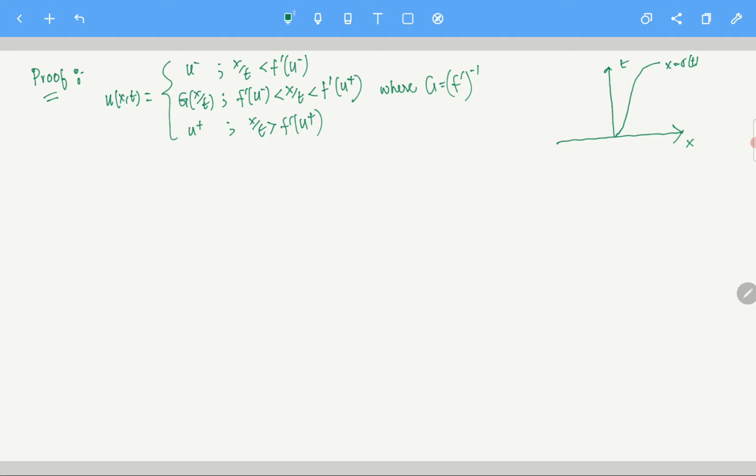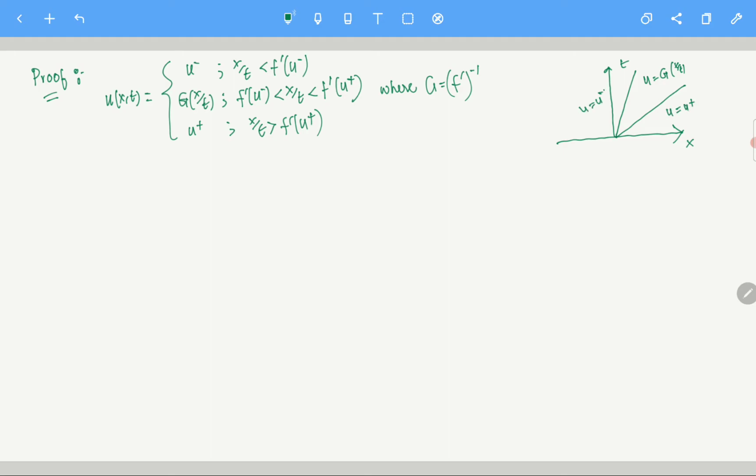Sorry, let me draw it like this. So this is the path, the place where u is g of x by t. So u equals g of x by t in this place. So u is u plus here, and u equals u minus here.